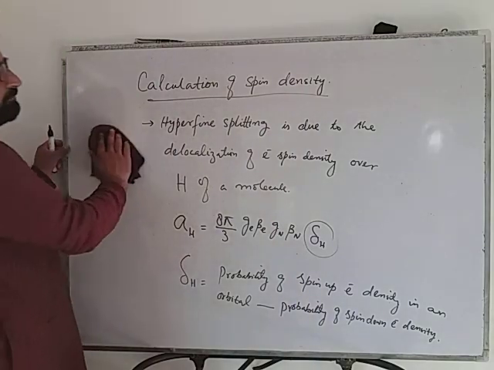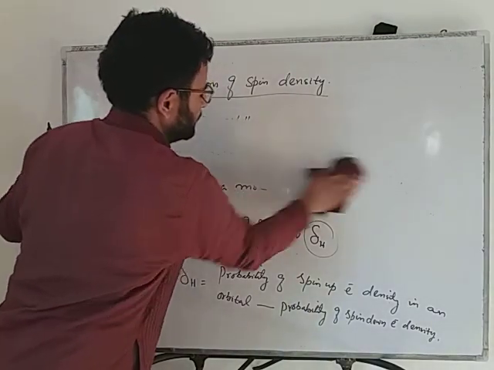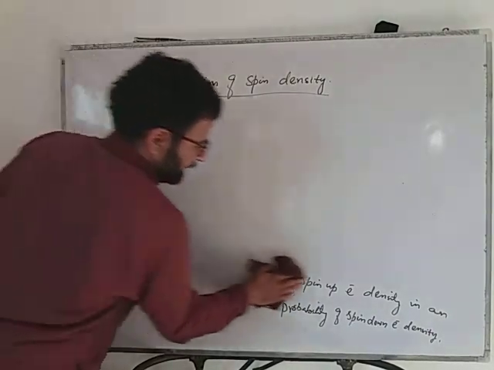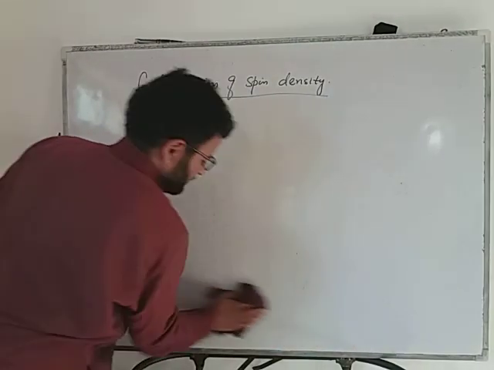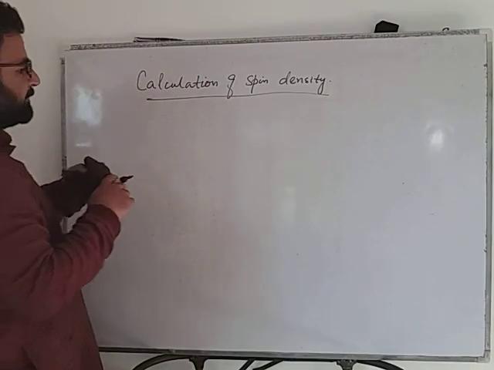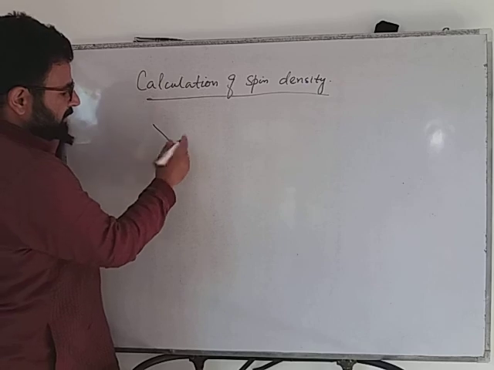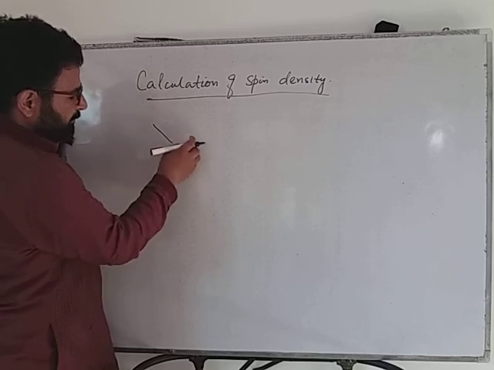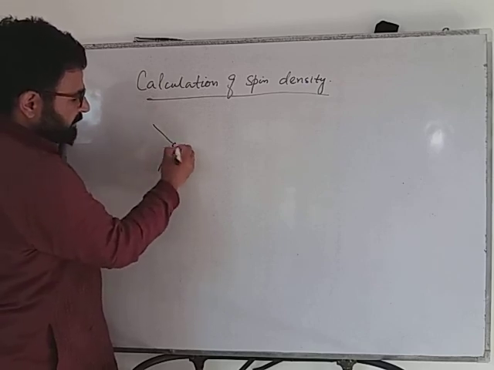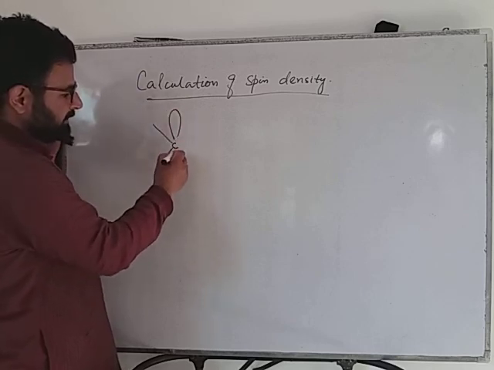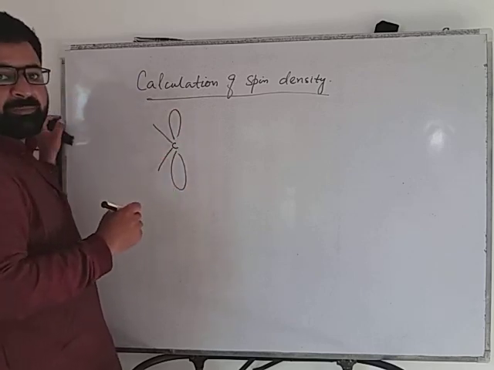Okay, fine. Now if we have a system like we saw in the case of spin polarization, a ring type system, an aromatic ring, I am taking a part of an aromatic ring. Here is a carbon atom which is in the plane of the ring, and here is a p orbital which is perpendicular to the plane of the ring.